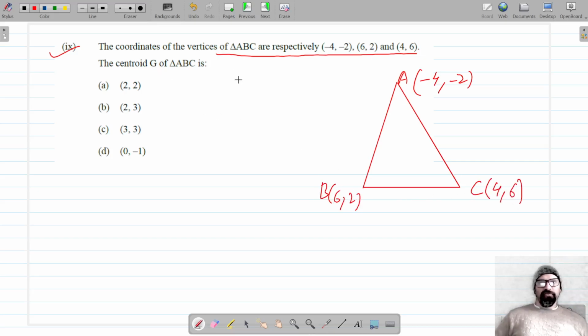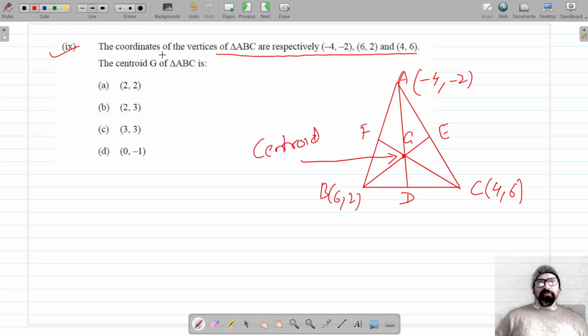Now we have to find the centroid G. Now centroid is the point of intersection of the medians. Let's say AD is the median, BE is another median, CF is another median. So these medians intersect at point G. So this is the centroid. We have to find the coordinates of the centroid.